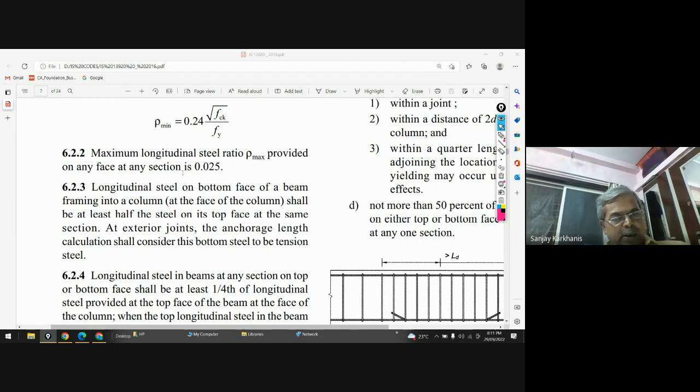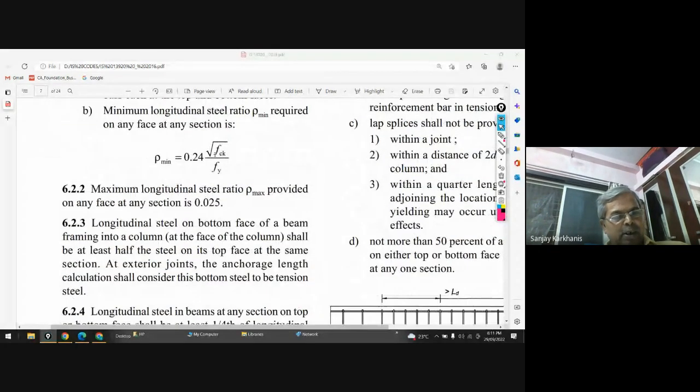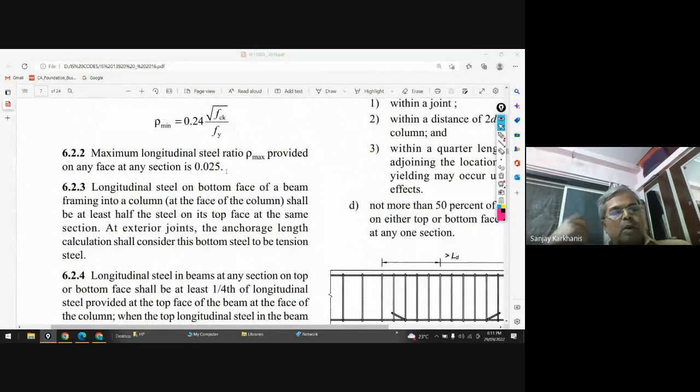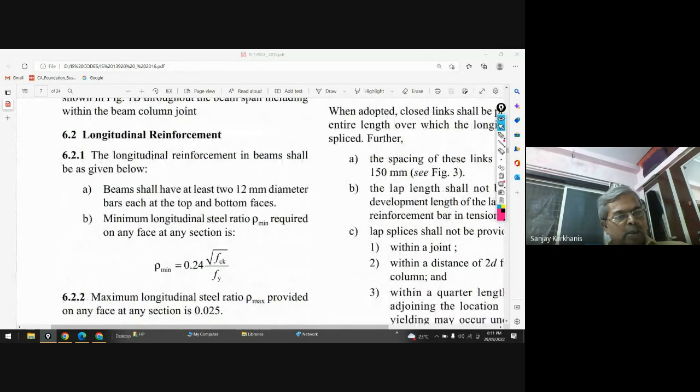But the percentage of tensile reinforcement shall not exceed 2.5% of the cross section. Clear? So the first thing is for minimum and the second thing is for maximum. You can see that clause number 6.2.2 gives the provision for maximum allowed, and 6.2.1 gives the provision for minimum. Clear?